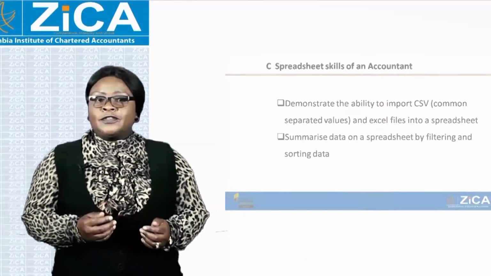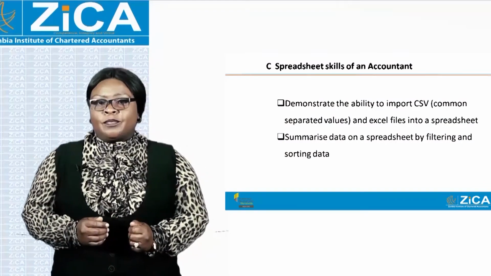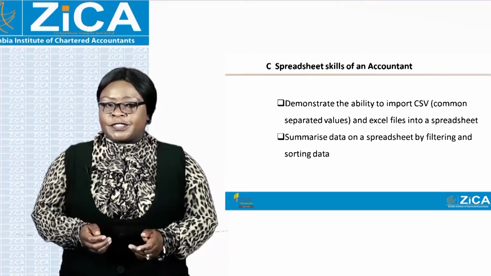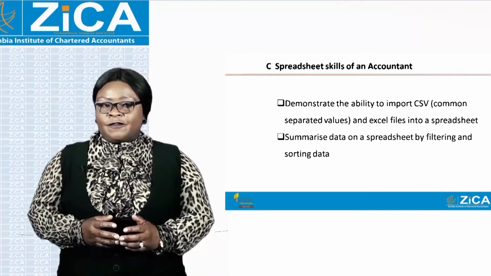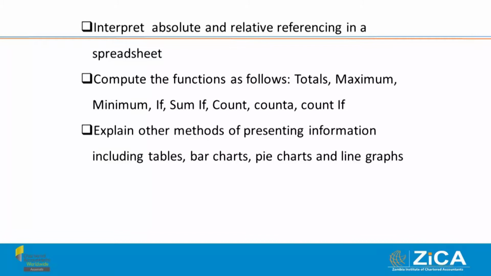The spreadsheet skills of an accountant: demonstrate the ability to import comma-separated values and other files into a spreadsheet. Summarize the data on a spreadsheet by filtering and sorting the data. Interpret absolute and relative references in a spreadsheet.